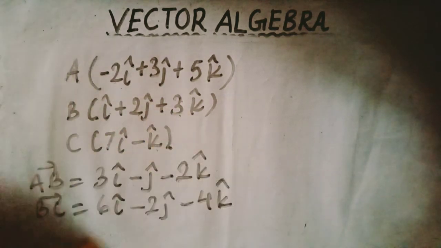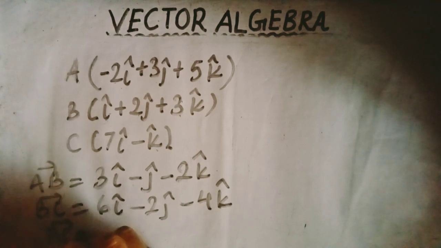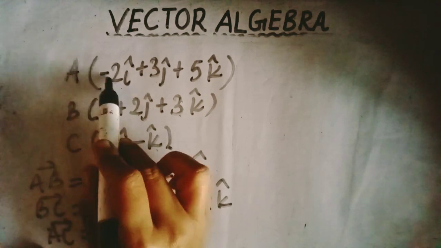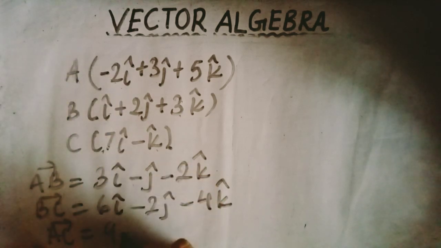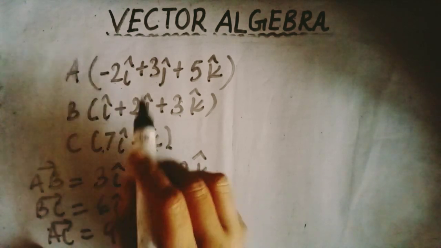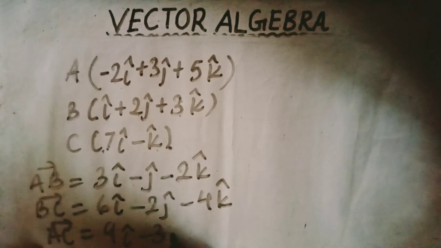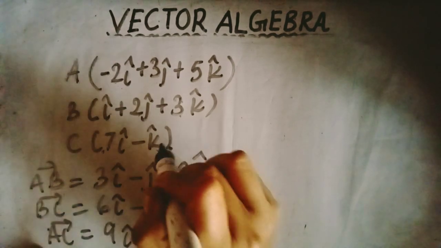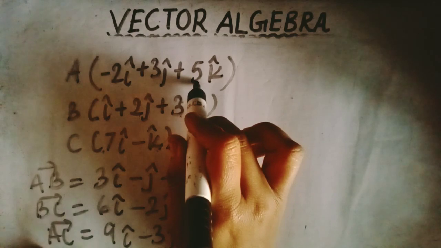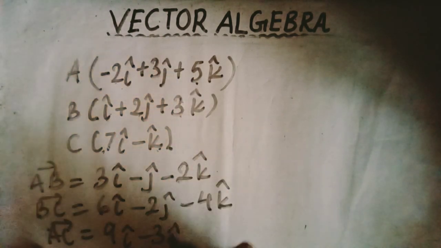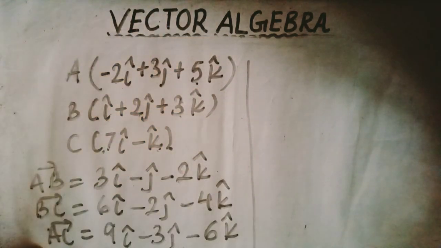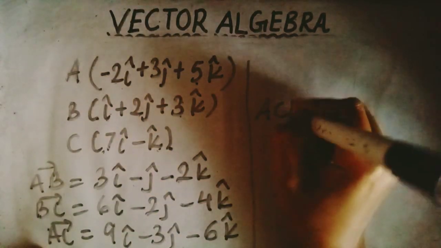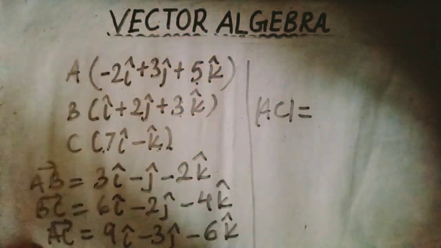Then third vector is our AC vector, C minus A, so 7 plus 2, 9, 0 minus 3, minus 3j, then minus 1 minus 5, so minus 6k.